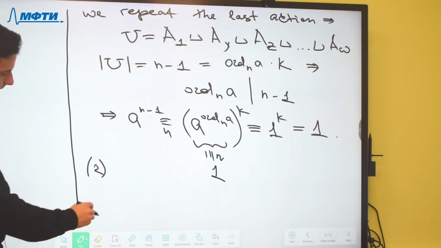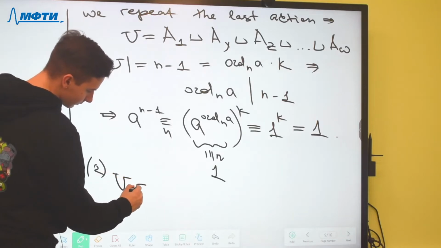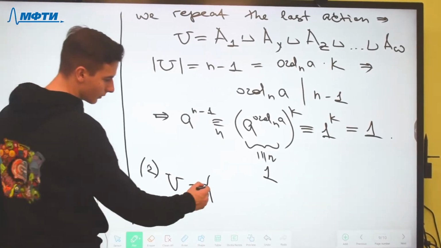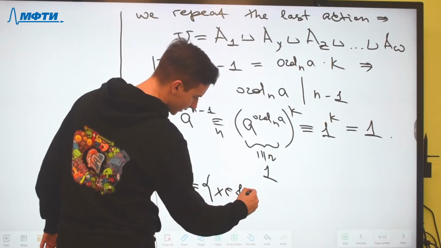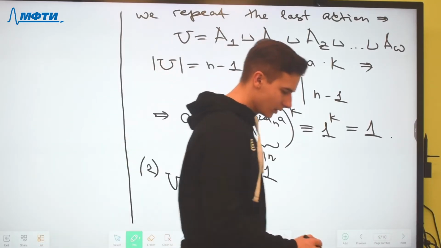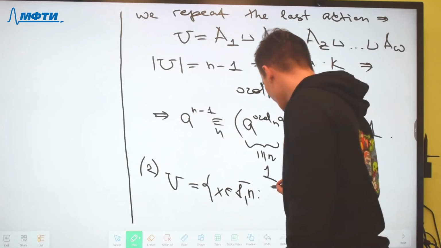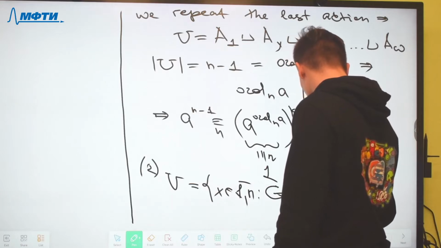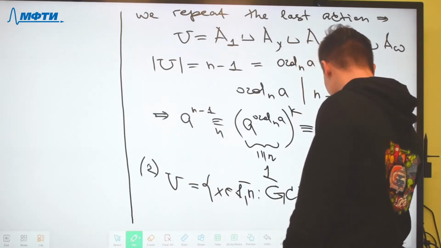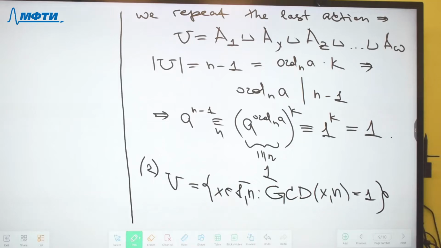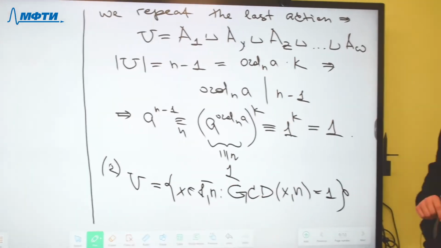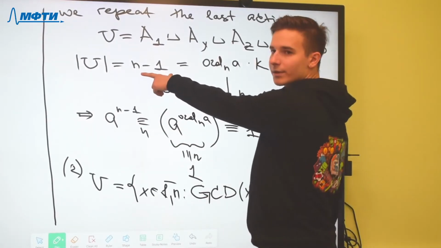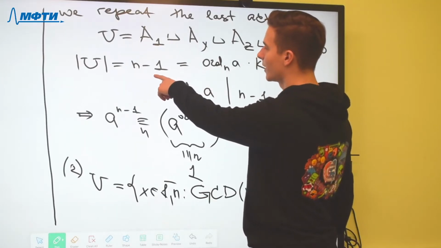in a common way we can redefine U as the set of numbers from 1 to n such that their greatest common divisor with n is equal to 1. And then we get here not n-1, but Euler's function of n.